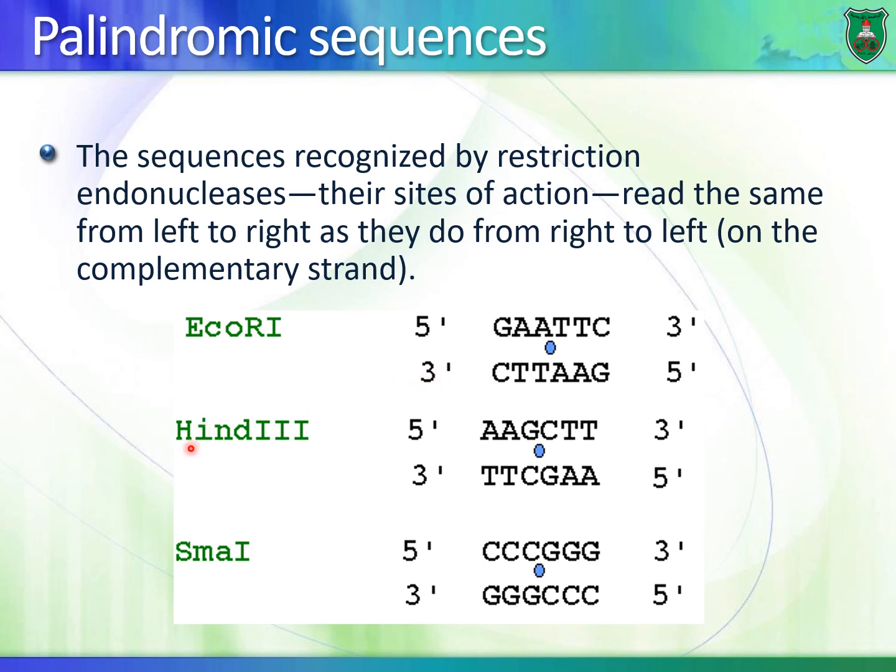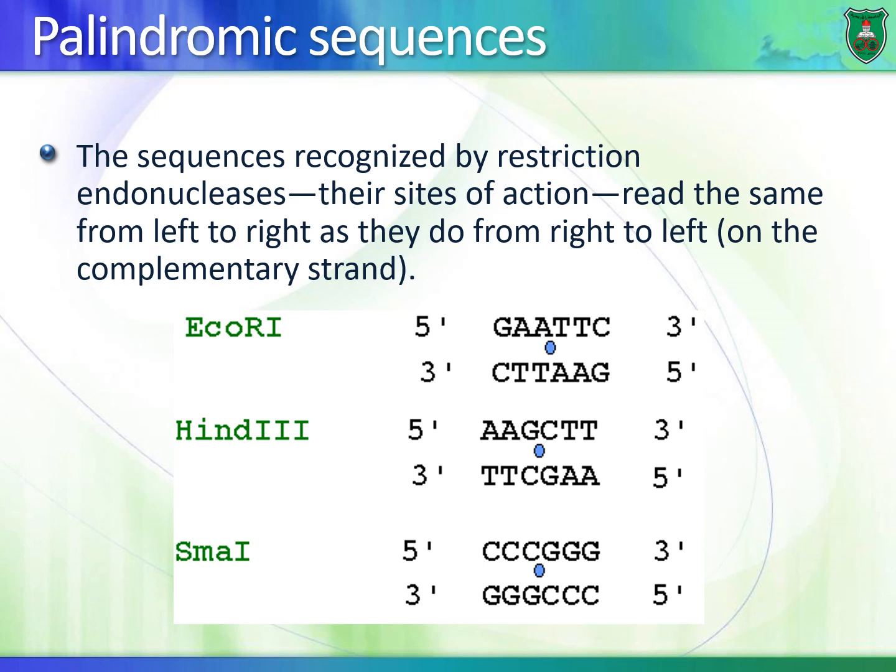Look at another endonuclease, HindIII. It recognizes AAGCTT, and the opposite complementary strand is AAGCTT, the same exact thing. Here's another one, SmaI, CCCGGG. The same thing is read from 5' to 3' on the complementary strand.